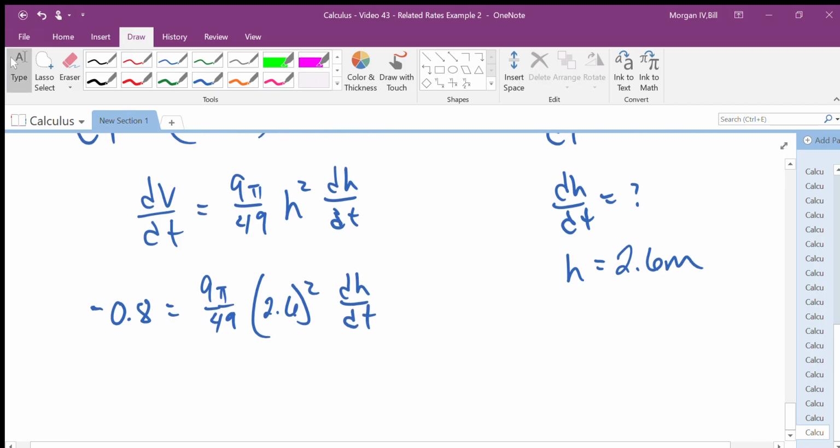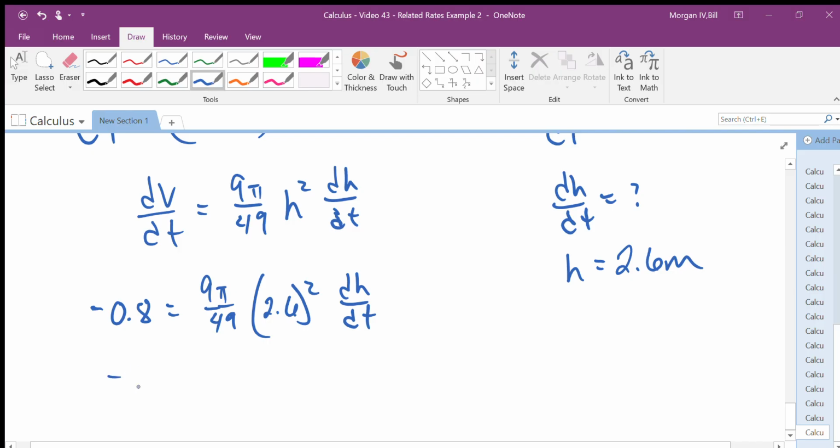If I do 9 times pi divided by 49 times 2.6 squared, sorry, I hit something wrong on my calculator. 9 pi divided by 49, I'm getting about 0.577, times 2.6 squared, about 3.90.